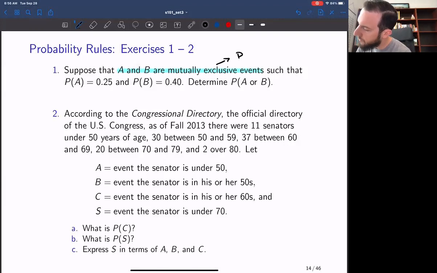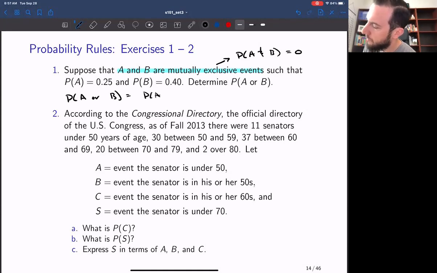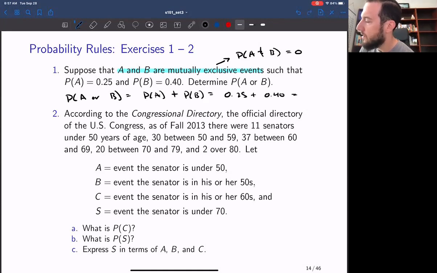So this means that the probability of A and B is equal to 0. Now we want to find the union. Since the probability of A and B is equal to 0, the probability of A or B is equal to the probability of A plus the probability of B, which is 0.25 plus 0.4, which is 0.65. Since we have mutually exclusive events, the union is simply the sum of the probabilities of each event.